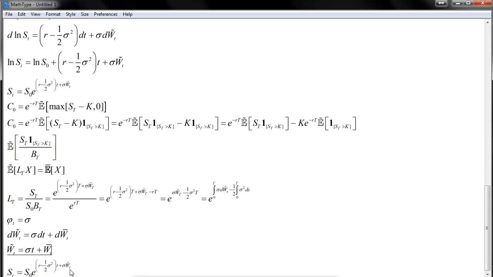If I substitute for the Wiener process over here, I get something like that, and this is equal to just plus over here, and that's basically all.